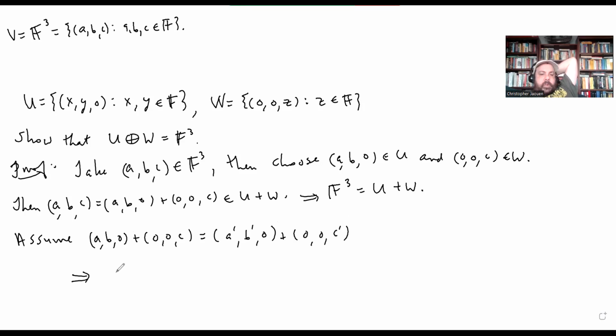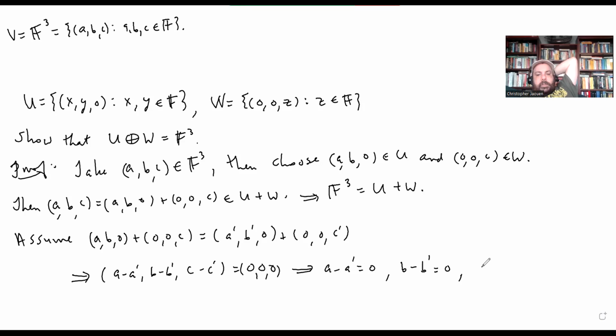Then that implies (a minus a', b minus b', c minus c') is the 0 vector, which implies a minus a' is 0, b minus b' equals 0, and c minus c' is 0.